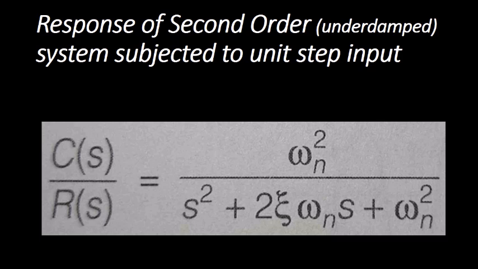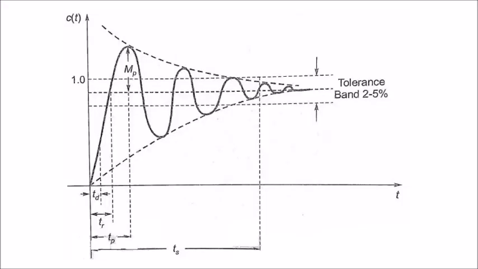So with all these conditions, that is a second order system, zeta between 0 and 1, and step input, if you simulate this or find the output response and plot it in a graph, you will get this kind of graph. Here you can see this line is the final line.